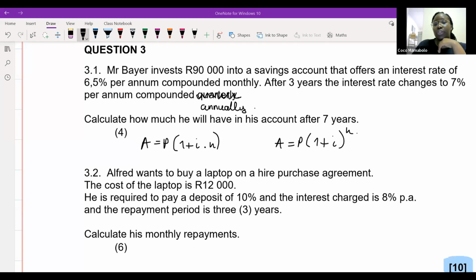Oh, Kimotoko, if you've done quarterly at school, then you are more than welcome to use quarterly. Okay. I will do both calculations for you. So if you've been taught compounding periods at school, please use quarterly.